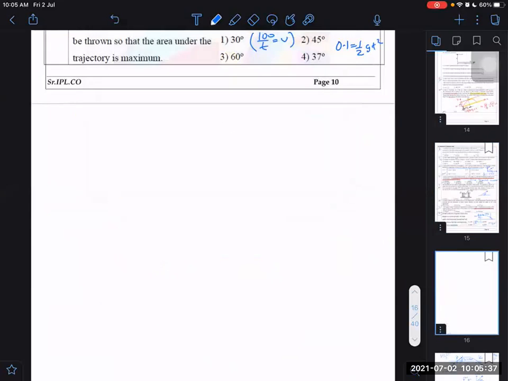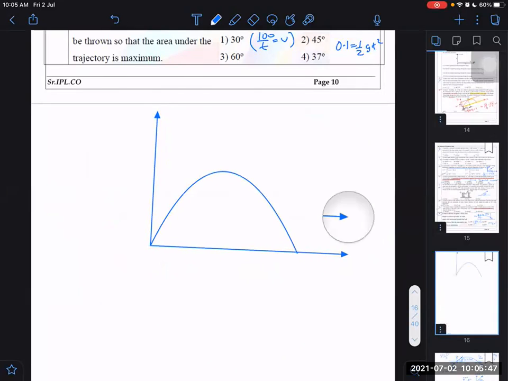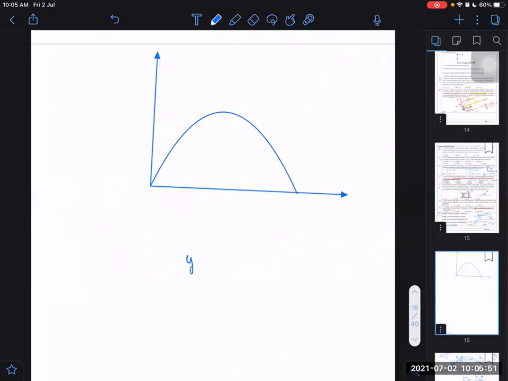So what is the area formula? Y into dx integral. If area has to be maximum, then y into dx integral has to be maximum.